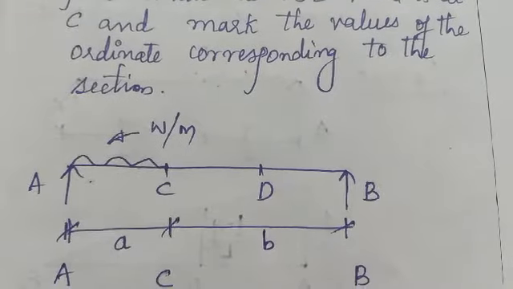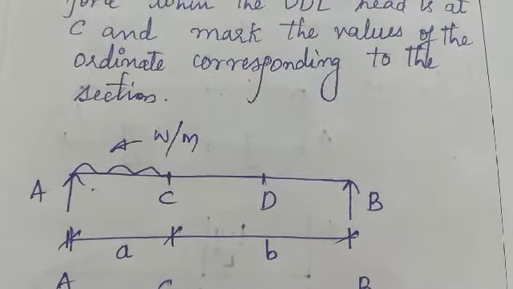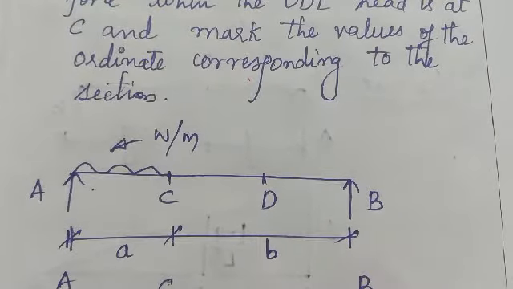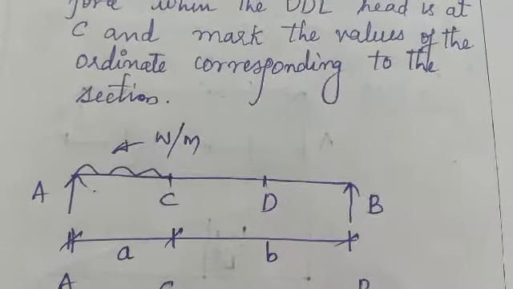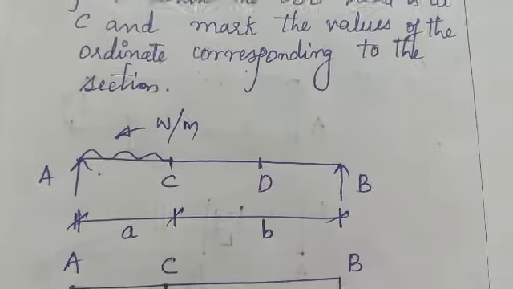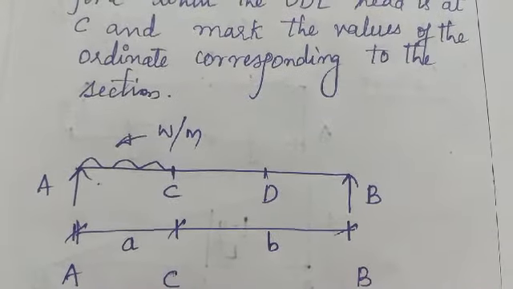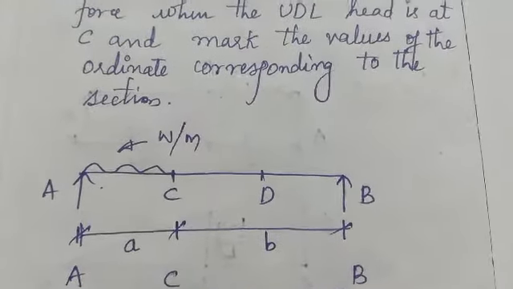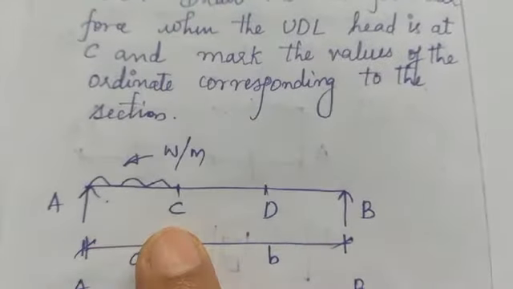Now A is the portion where, or you can say at a distance A, our first point C is placed, and next B is nothing but L minus A, that is the overall span minus A. So for the influence line diagram, one small thing: now the load is in the AC section.